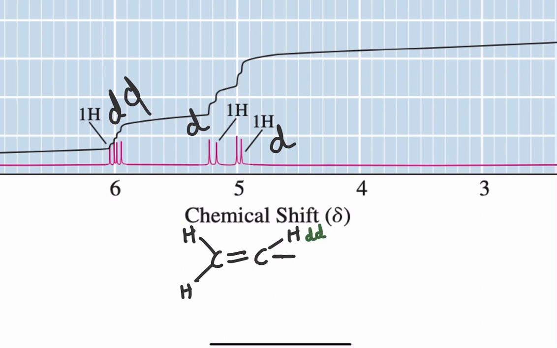So this one right here, let me label this as A. So this is going to be for the HA protons. Now these 2 protons should be exhibiting their own signals, which can be seen here. I'll label this as B and C, so this is going to be HB and HC.